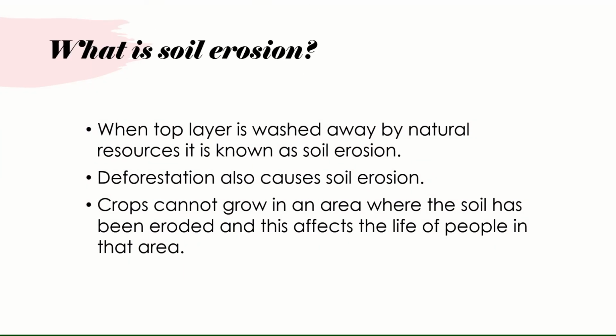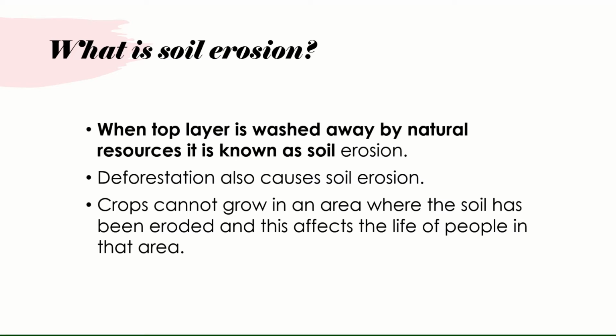Now, let's see what is soil erosion. Soil erosion and soil conservation are two topics very different from each other but very interesting, right? So, what is soil erosion? When the top layer of soil is washed away by natural resources, it is known as soil erosion.